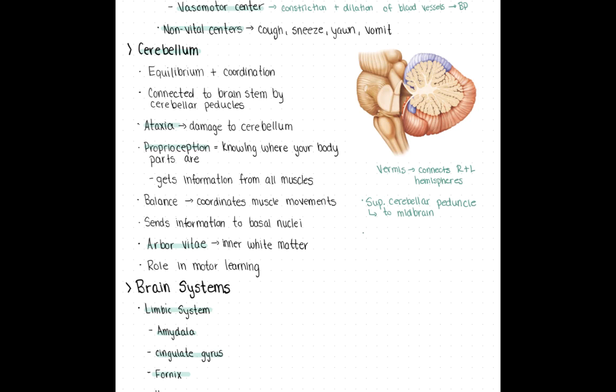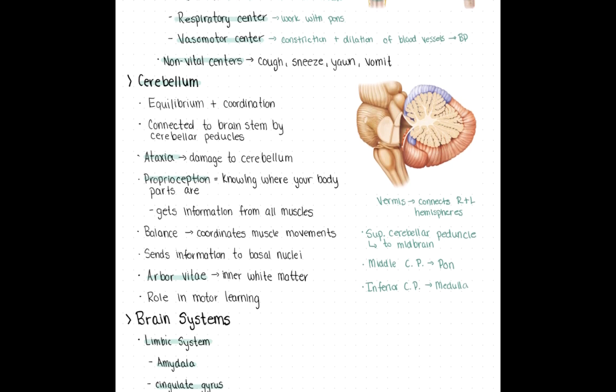And then the middle cerebellar peduncle, we'll just abbreviate this, is going to connect the cerebellum to, you guessed it, the pons, the middle part of the brainstem. And then the inferior cerebellar peduncle is going to connect the cerebellum to the medulla.